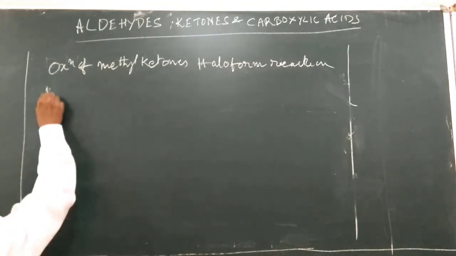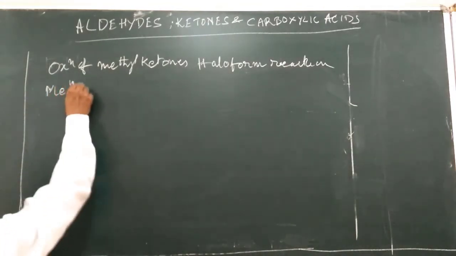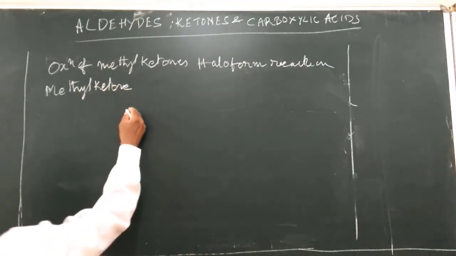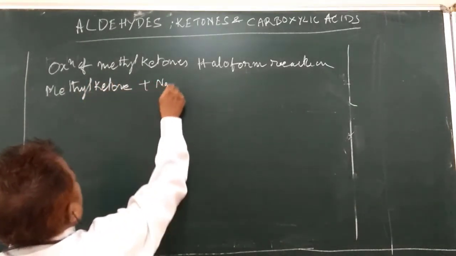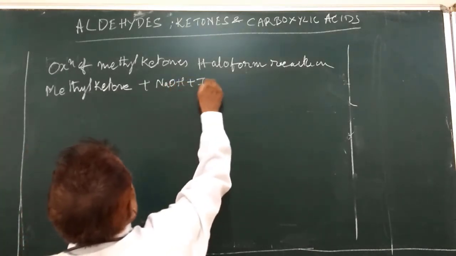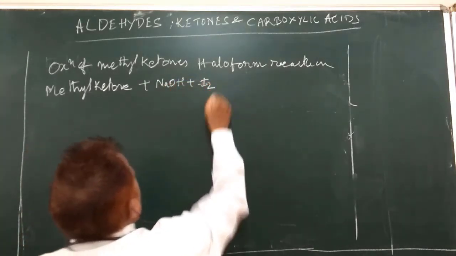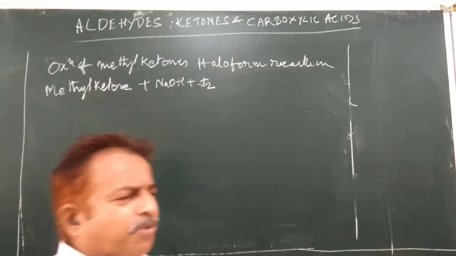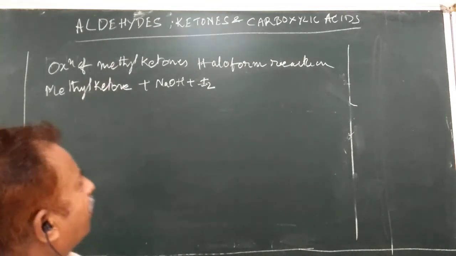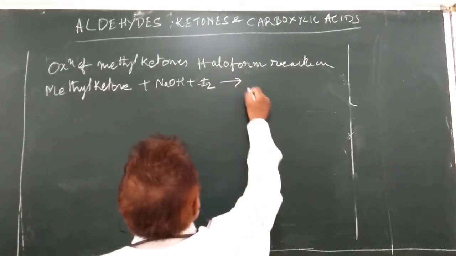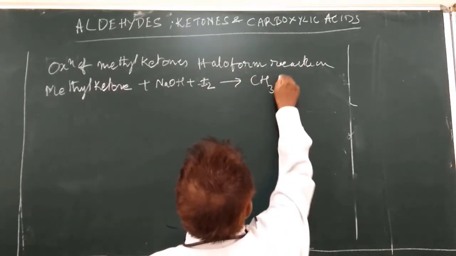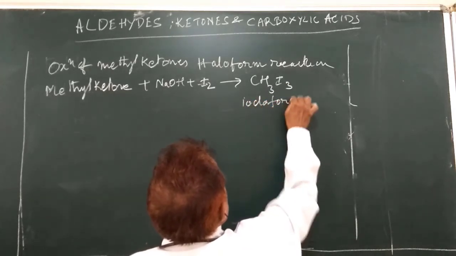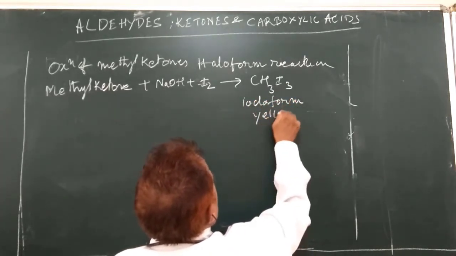When we take a methyl ketone plus NaOH plus I2, iodine solution means in potassium iodide, we get CHI3. This is iodoform, a yellow precipitate.